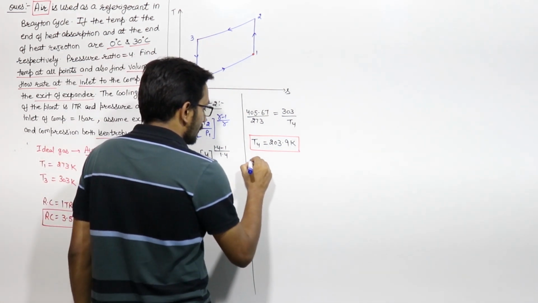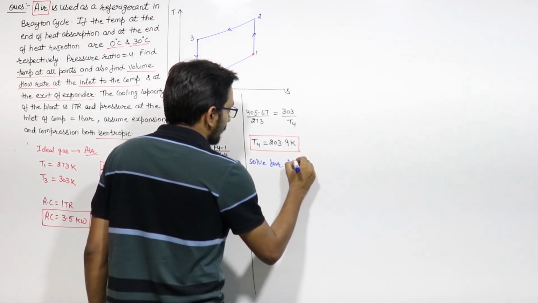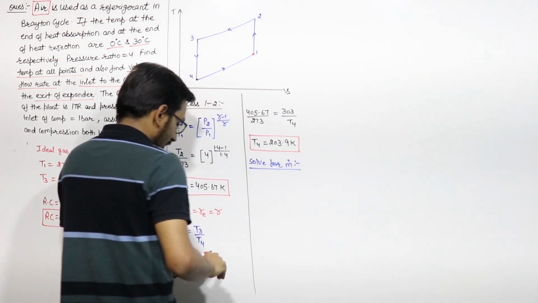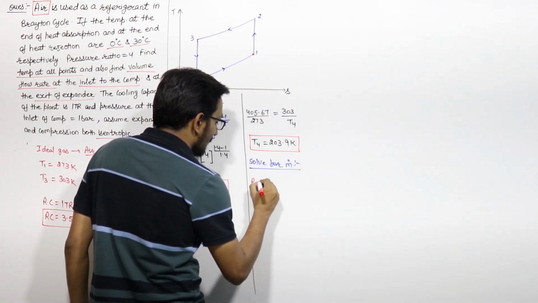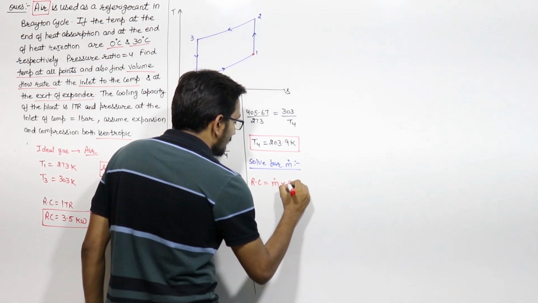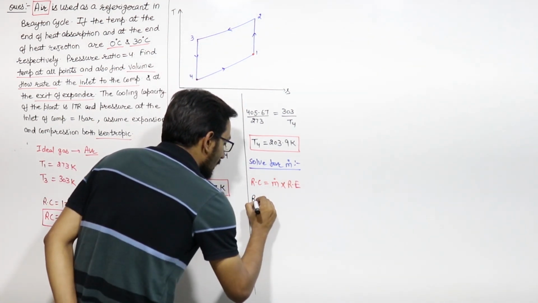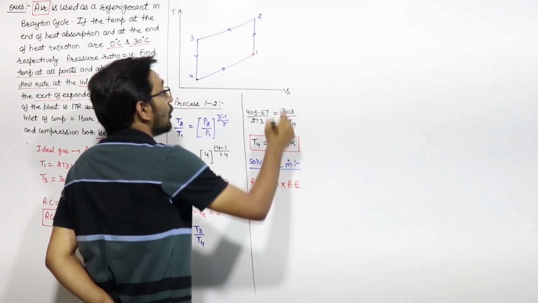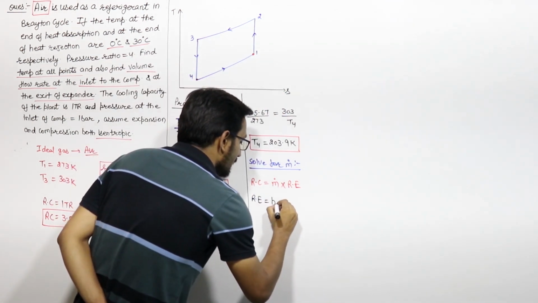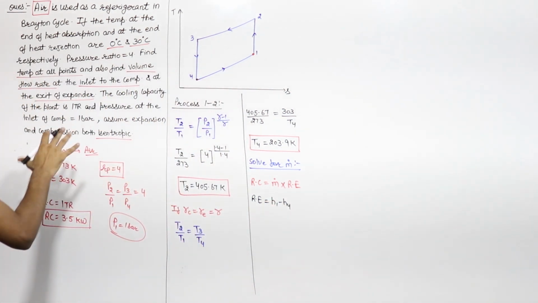Right, we know that refrigeration capacity is equal to mass flow rate into refrigeration effect. And refrigeration effect is equal to H1 minus H4. Steady flow energy equation, there is no mention of any velocity.